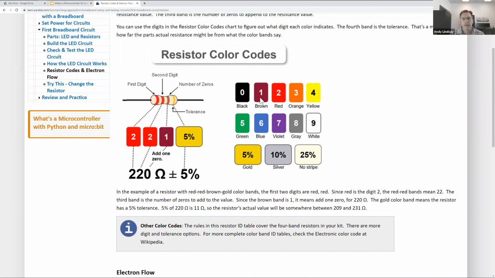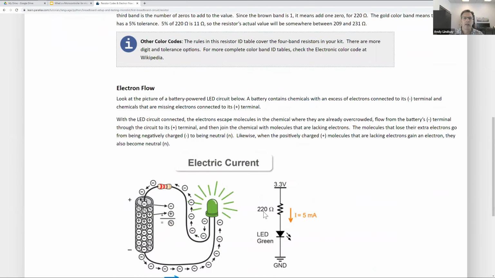And red is 2. So we have red, red, brown, which is 2, 2, and then we add 1, 0 to that for 220. A lot of classes also say 2, 2, or 22 times 10 to the first. So just to keep it simple, I'm just saying, hey, it's the number of zeros to add.